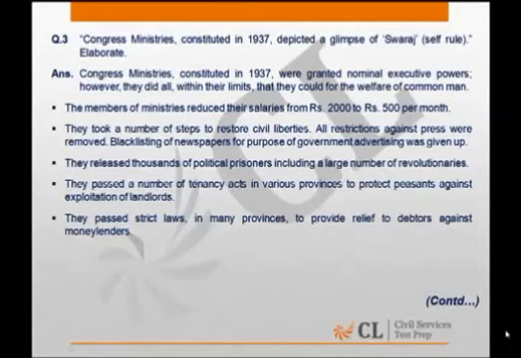For example, the ministers reduced their salaries, they introduced more civil rights and advocated for social development.